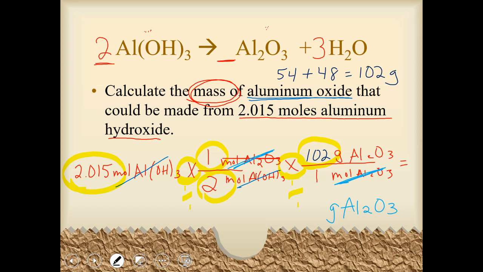And I got 102.765. I need 4 sig figs, so 102.8. Okay, so my answer is 102.8. Oops, I'm still on the highlighter. That's why it's writing fat.